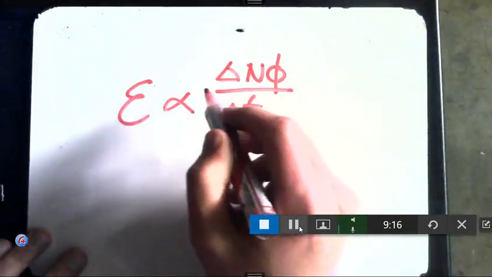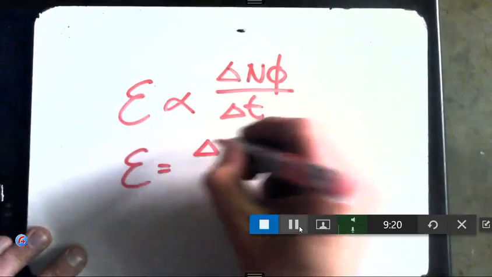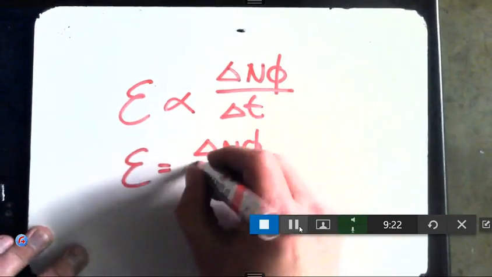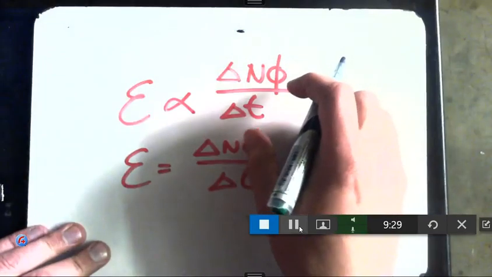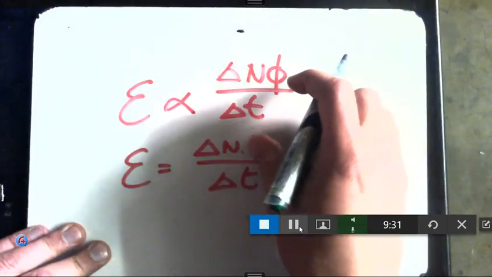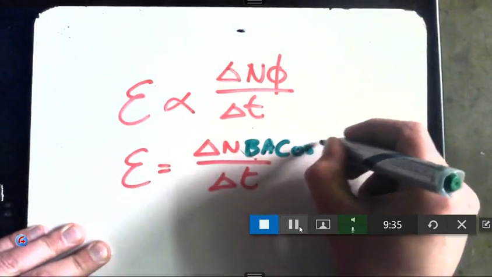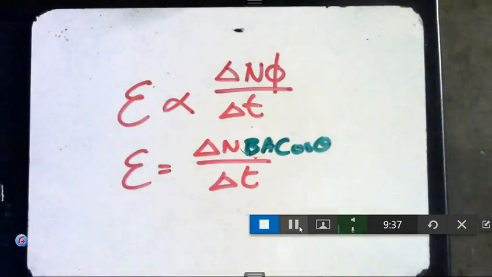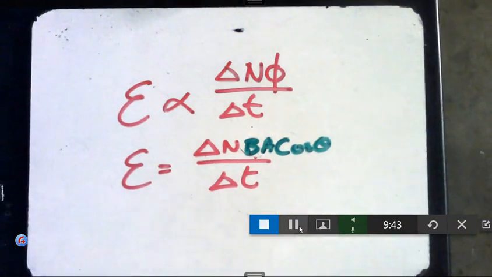Now the proportionality constant here is 1, so we can actually make this our formula. And by substituting what we had earlier, we know that the change in BA cos theta over time is going to cause an EMF.